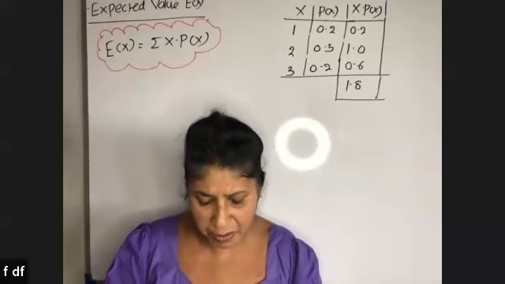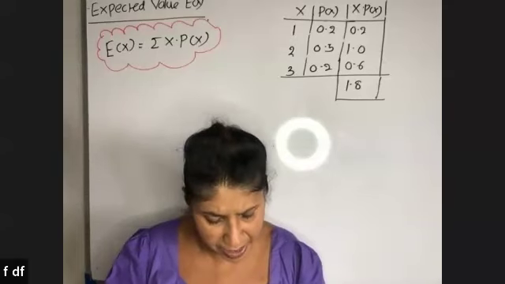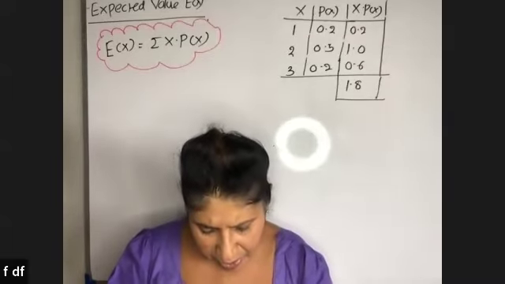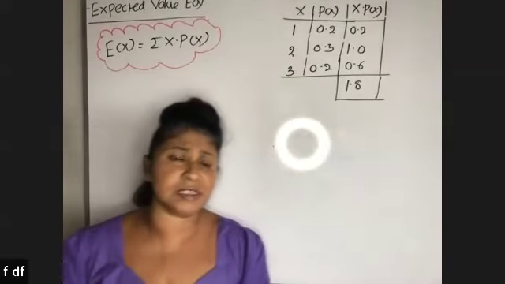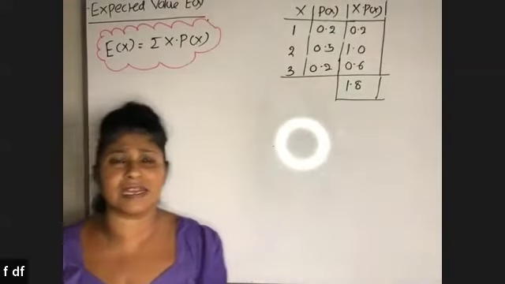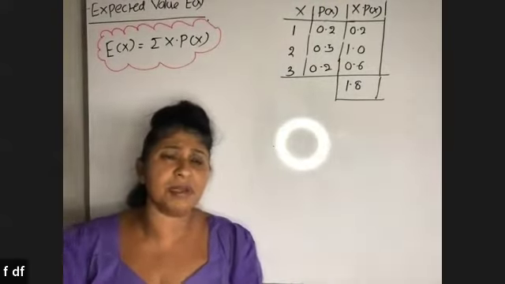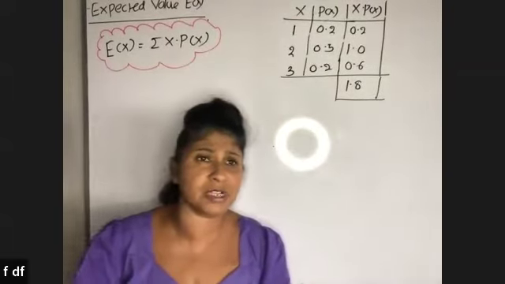Variance of a discrete probability distribution: the extent to which the values of a random variable are dispersed around the expected value is computed as its variance. Can you remember what variance or standard deviation is in frequency distributions? We learned the measures of central tendency: arithmetic mean, median and mode.